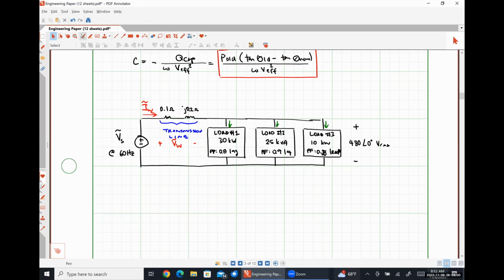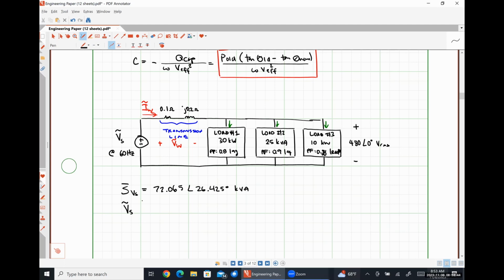I want us to recall that we found the complex power of our source, bless you, to be 72.065 with an angle of 26.425 degrees kilovolt amperes.